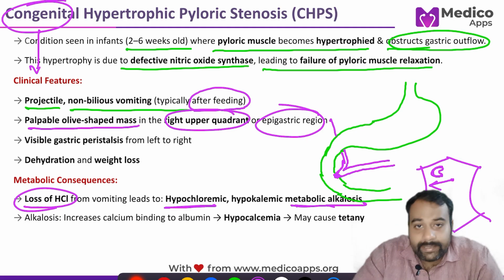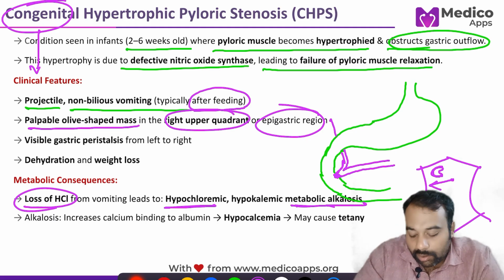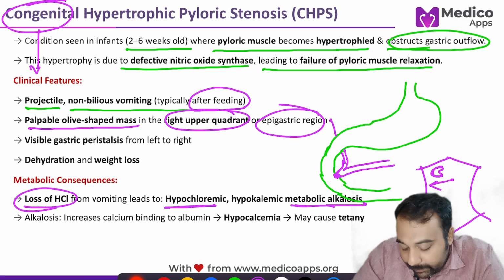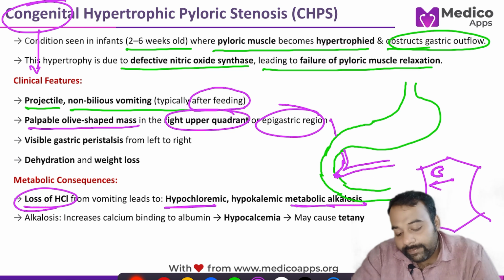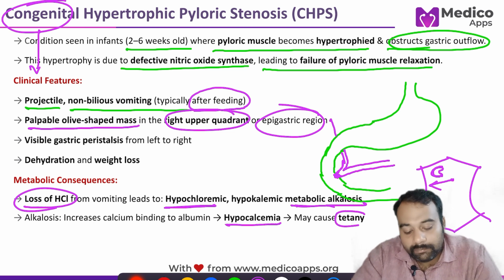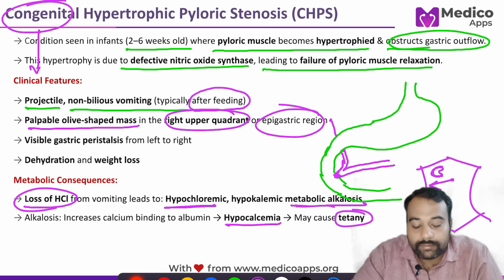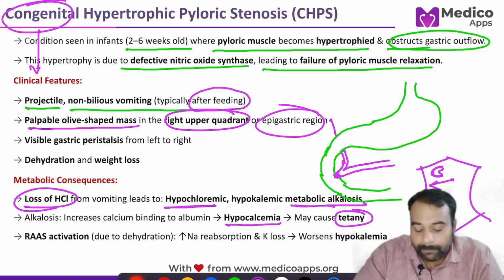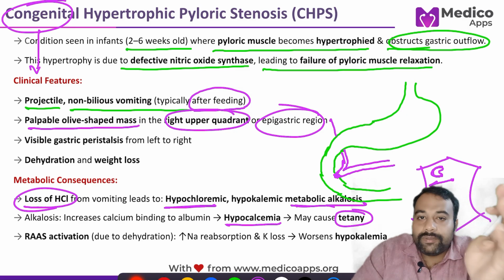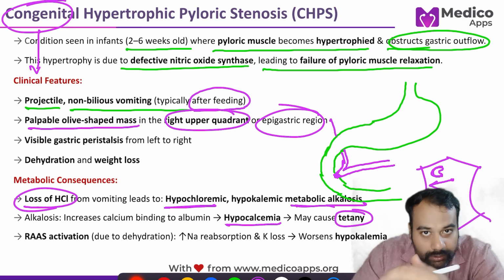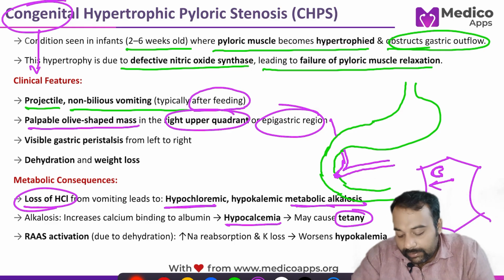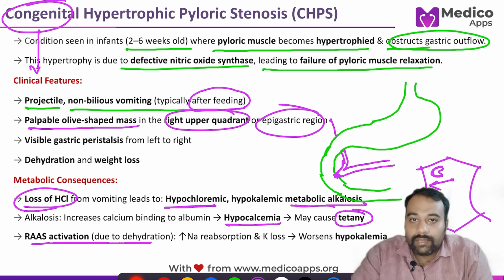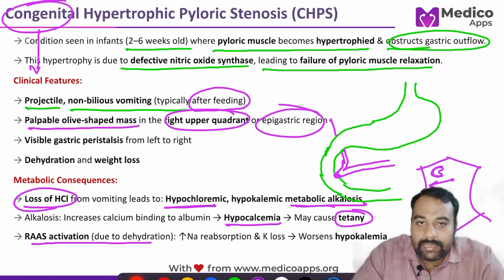Now, as a result of the alkalosis, our body's normal mechanism is that more calcium gets bound. That leads to hypocalcemia, and in some cases to tetany as well. Repeated vomiting leads to dehydration, that is number one, and together with the alkalosis that leads to activation of the renin-angiotensin-aldosterone system.